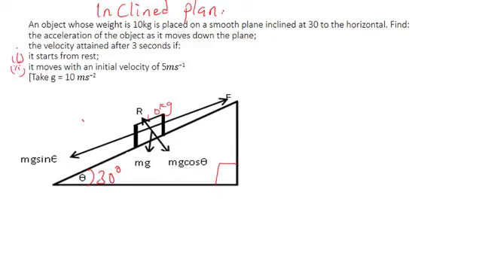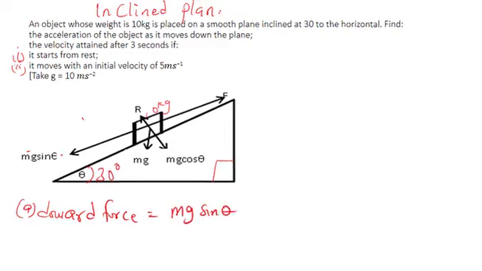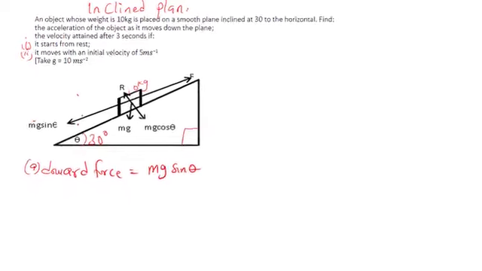Now, the force on the body downward is equal to mg sine theta. This is the downward force, the force pushing it down.